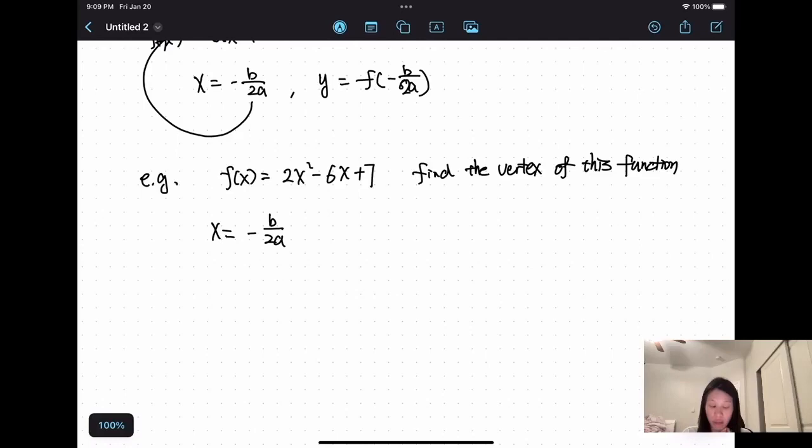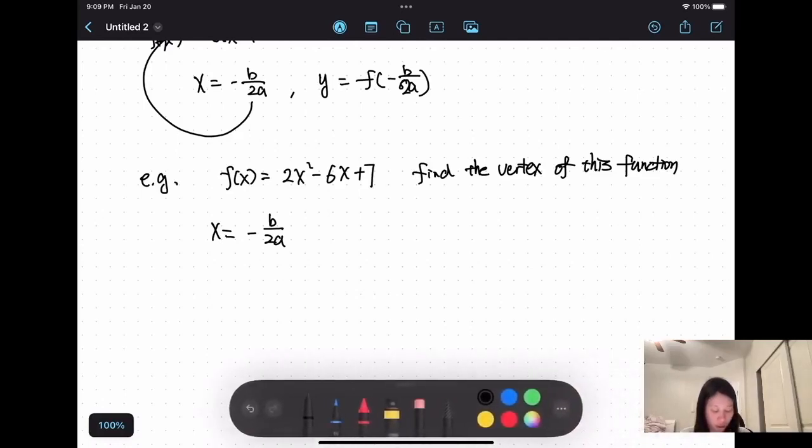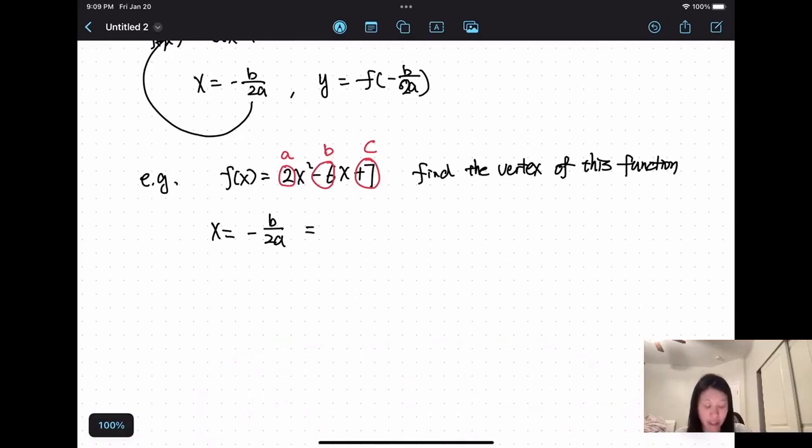So which one is our a, which one is our b? In standard form, this is a, this is b with the negative sign, and this is going to be our c. So we just need to substitute that into the formula. The x coordinate of the vertex is equal to negative negative 6 over 2 times 2, which is 6 over 4. We simplify it, we have 3/2.